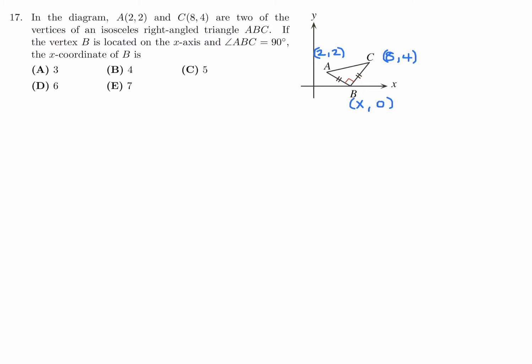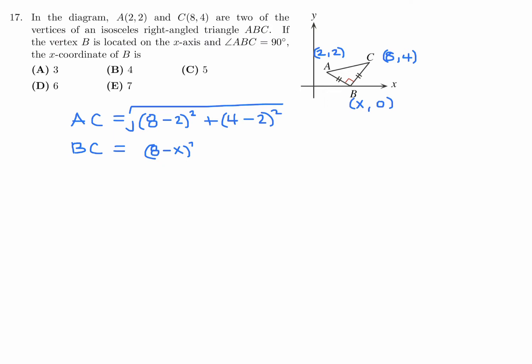We have coordinates. So here we go, AC, the length of that's probably the easiest one since we have numbers. It's the square root of 8 minus 2 all squared plus 4 minus 2 all squared. And then BC, in a very similar way, it's going to be the square root of 8 minus x all squared plus 4 minus 0 all squared.